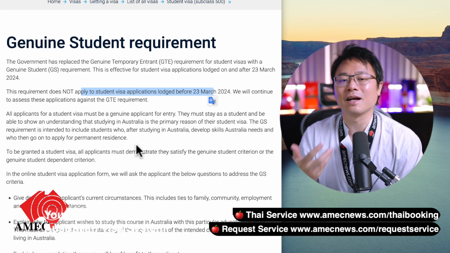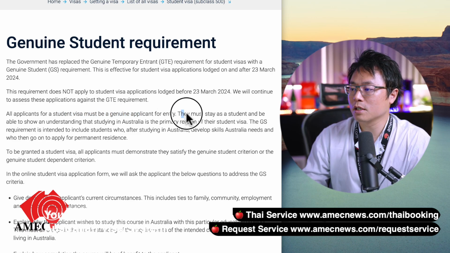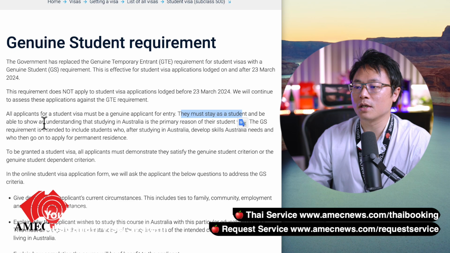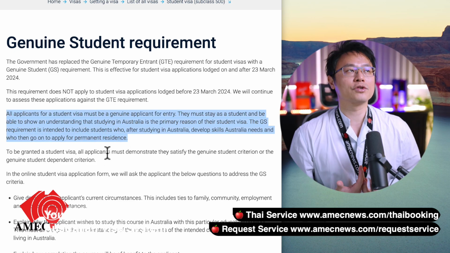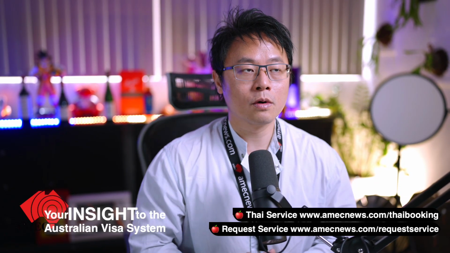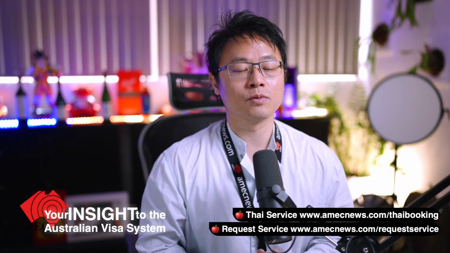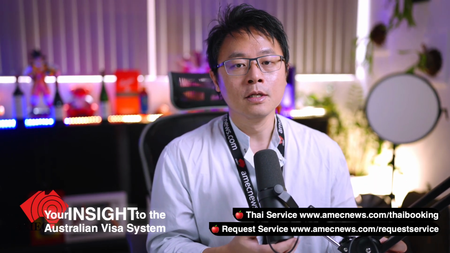Well, technically, there's not much of changes. Okay, all applicants and students must be genuine applicants for entry. They must stay as a student and be able to show an understanding of studying. So it's more of a legal way to put more emphasis on visa applications, where you straight away directly understand your role and obligation as a student in Australia, rather than utilizing a student visa to come over to Australia when your intent is actually to work.